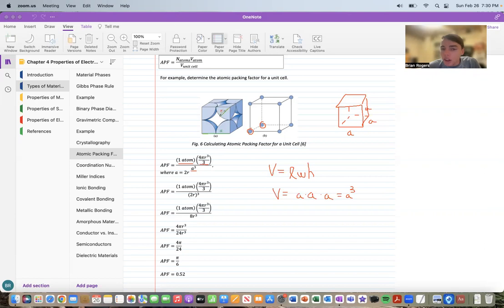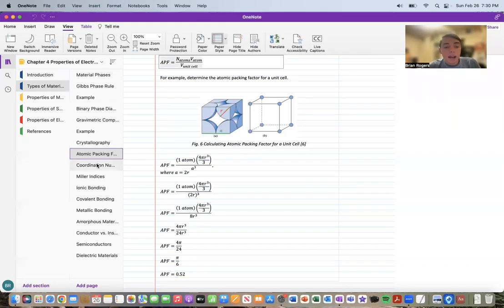If we have 1 radius here, and then 1 more radius, R plus R gives us 2R, which is equivalent to 1 side of the unit cell. So we're plugging 2R in for A, and then cubing it. When you work out the math for our atomic packing factor, it comes out to pi over 6, which is equivalent to 0.52.